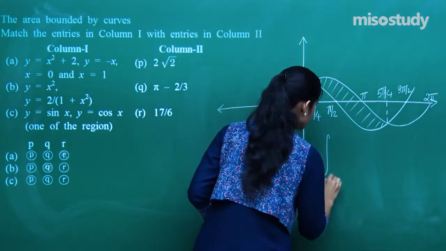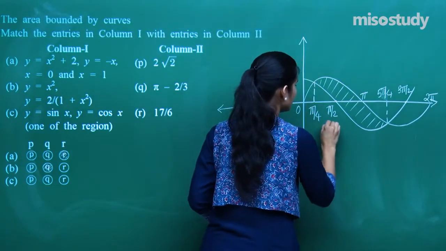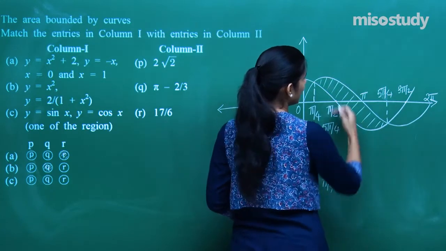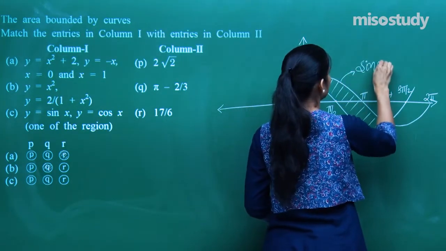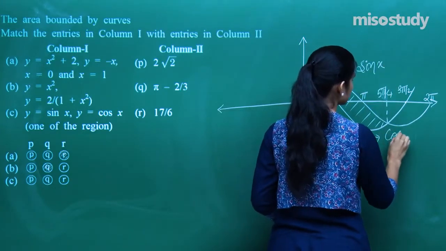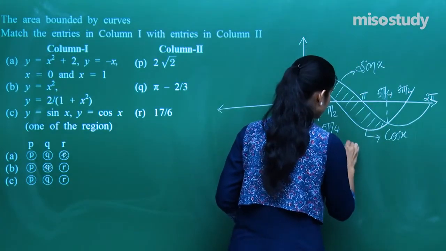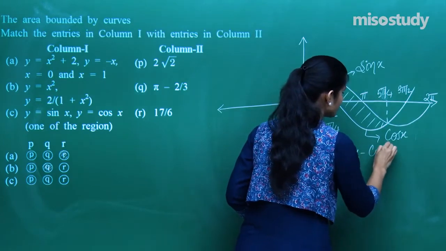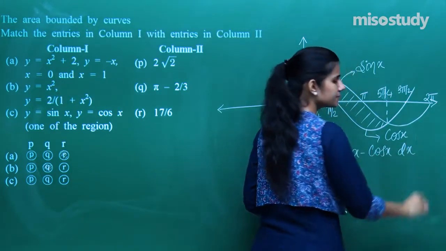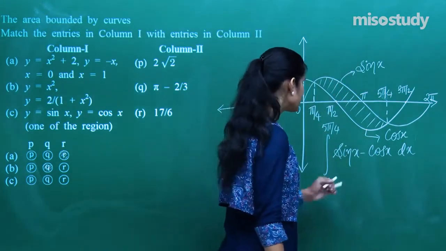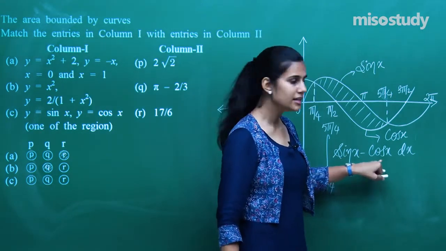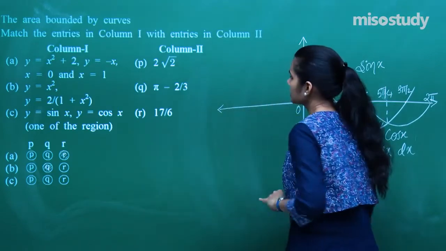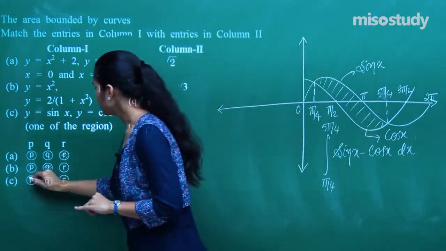So here you know this area is nothing but pi by 4 to 5 pi by 4. Upper one is what? This is sin x, and the lower one is actually cos x. So you get sin x minus cos x dx. This is very, very simple, guys. Sin x integration is minus cos x, cos x is sin x. Plug in the values, you get 2 root 2 as your answer.